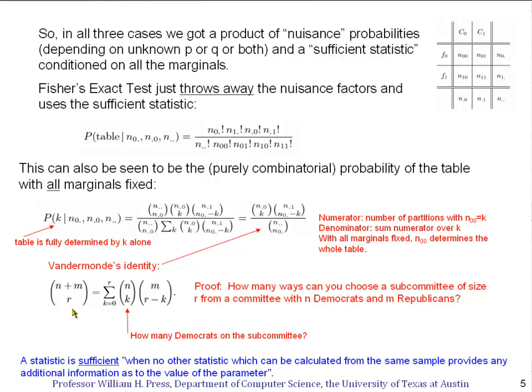But on the right-hand side, you could divide it up as, first let's ask what the possibility is for each value of the number of Democrats. So for each value of k, it's the number of ways we can choose k Democrats out of n. And then to fill out the rest of the committee, it's the number of ways you can choose r minus k Republicans out of m. And obviously if you add these up, you have to get this.